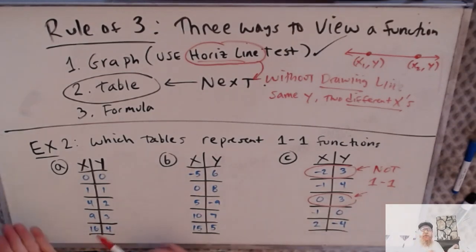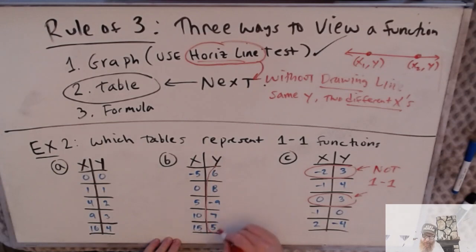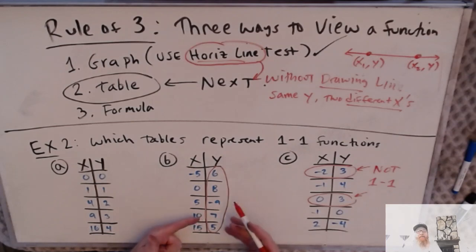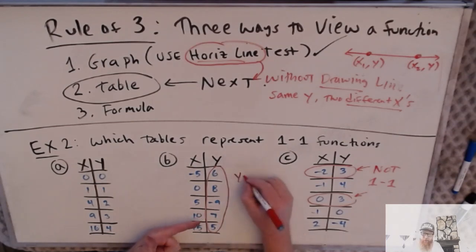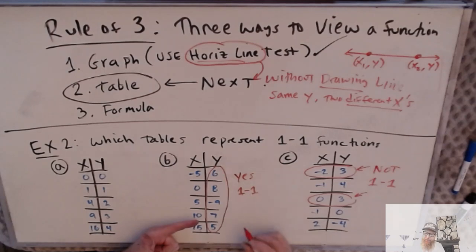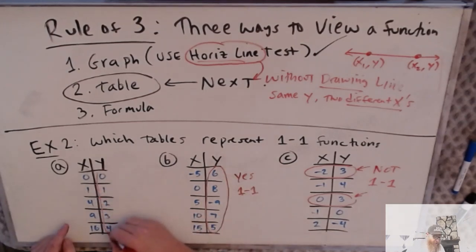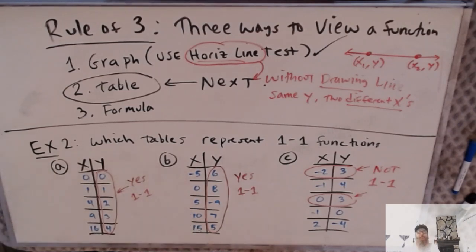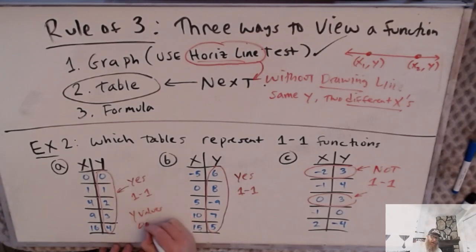So we can just go through and by inspection, look and see there is no repetition. You never have the same y value. So this is one-to-one. As long as you never see the same y value repeating, then it is one-to-one. All right? Y values do not repeat.